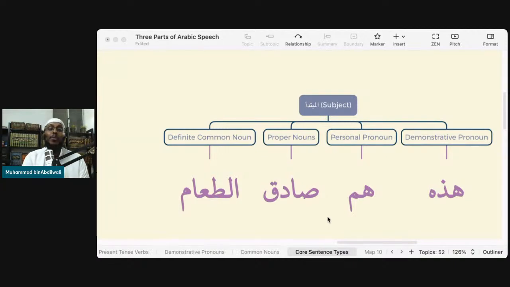So you can have, for example, Sadiq. Even though it's a proper noun, as in somebody's name, it also can be used as a common noun, because Sadiq means someone who's truthful. The Prophet ﷺ was called As-Sadiq al-Amin, one of his nicknames, the truthful one and the trustworthy one. So I can actually say, Sadiqun Sadiq. That's a sentence.